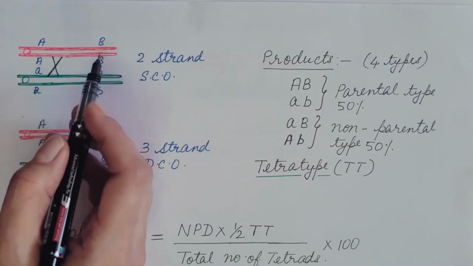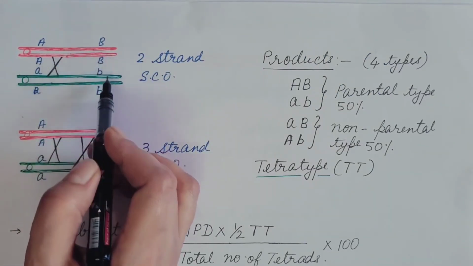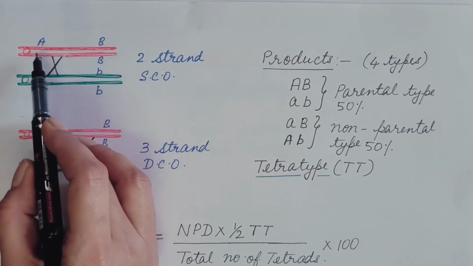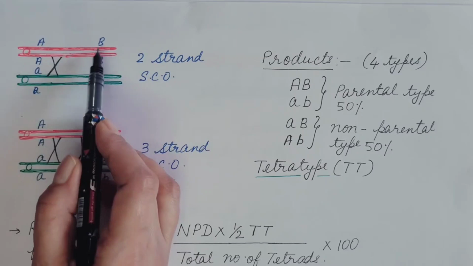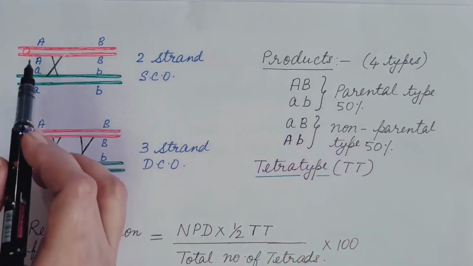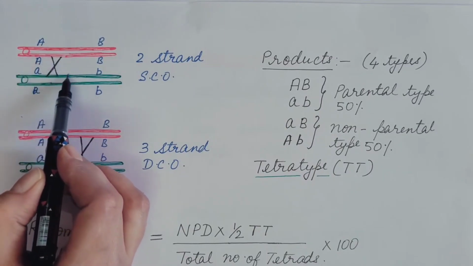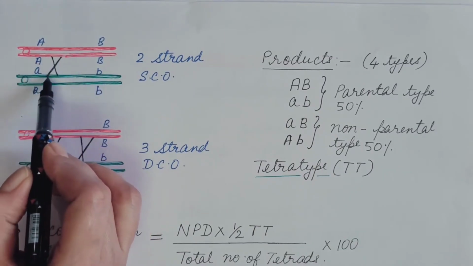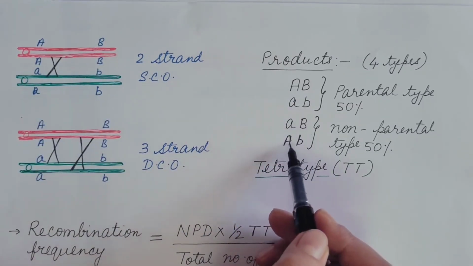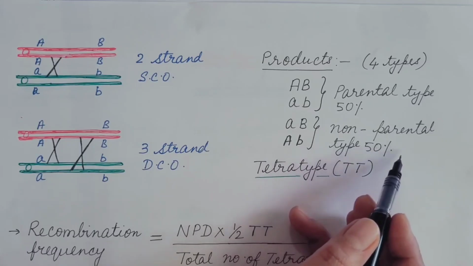Here, if we see a single crossover taking place between these two strands, the product that we get is 2 having the parental combination capital AB, small ab, capital AB, small ab, and 2 having the combination capital A, small b, and small a, capital B. These are of non-parental type.